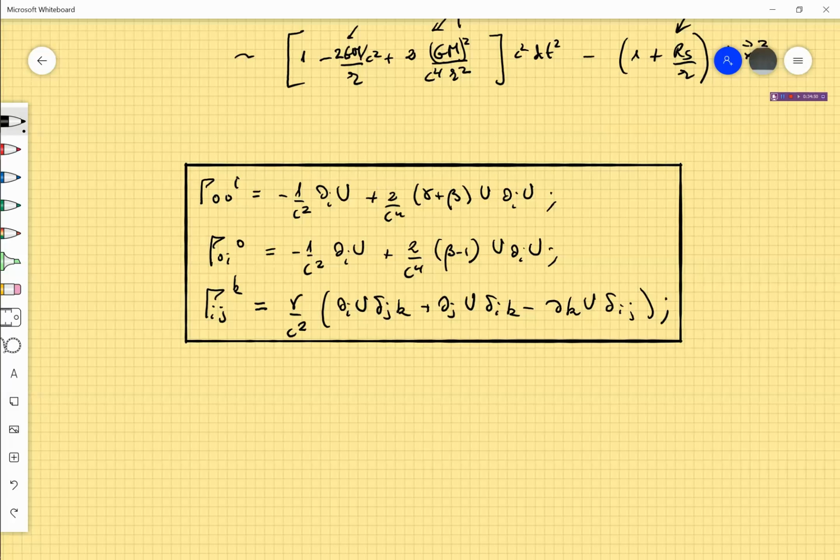Now you can plug this into the equation that we derived for the Newtonian acceleration.